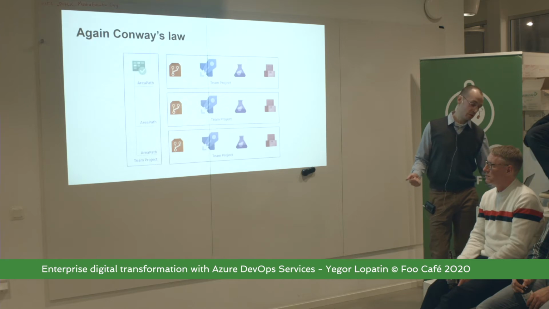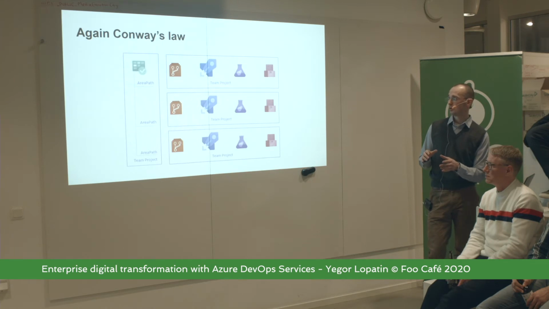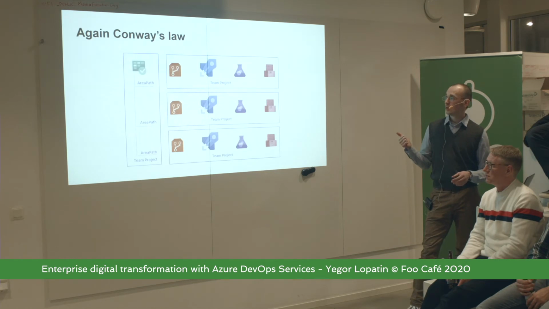keeping in mind that we have to somehow push all people to work together, we came up with a decision where we created one dedicated team project where we kept all boards for all teams.